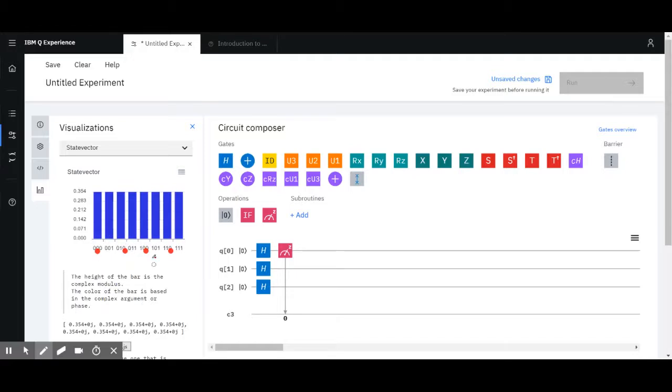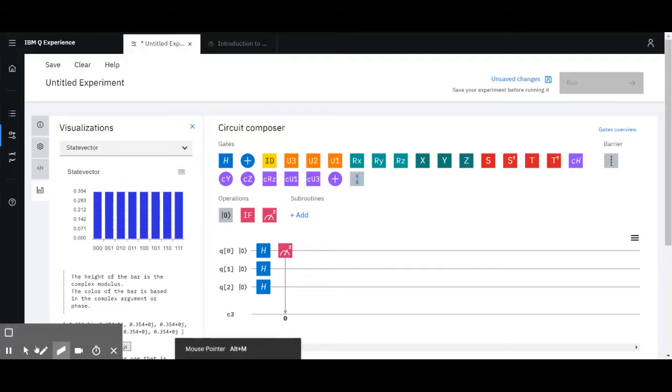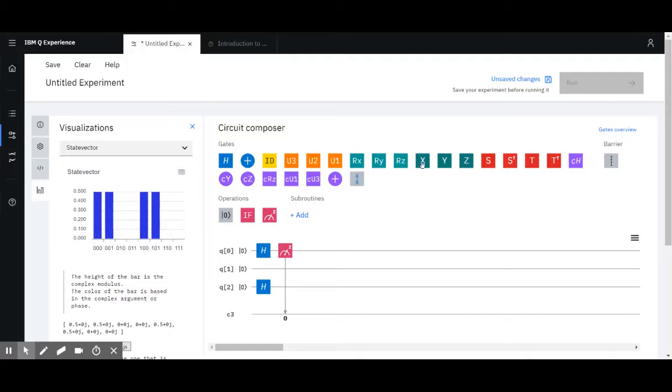But the trick is, partial measurement becomes tricky and useful at the same time when you don't have those types of superposition. So, for example, what if we had something like this? I don't know, just to give you an example.